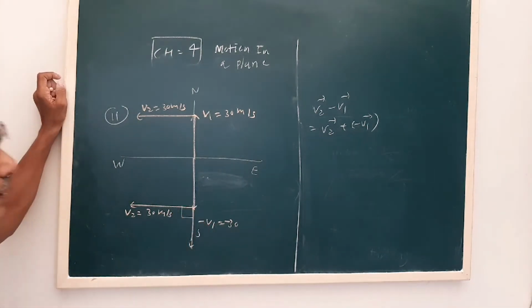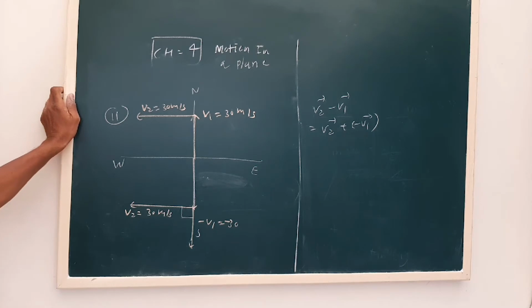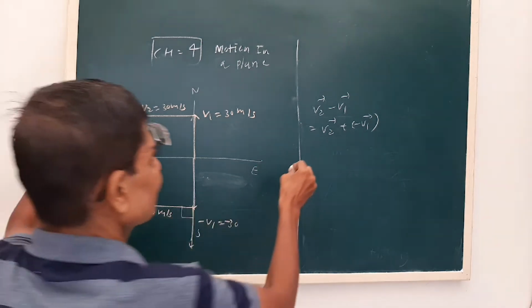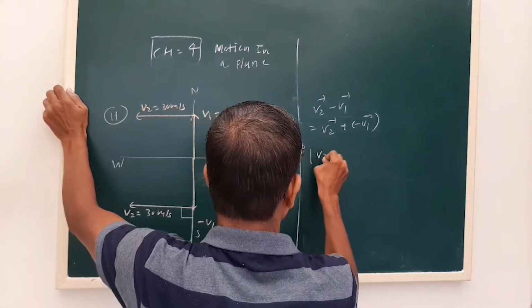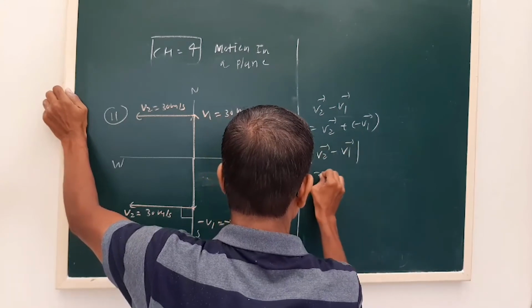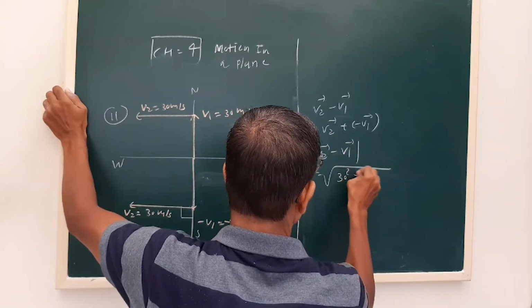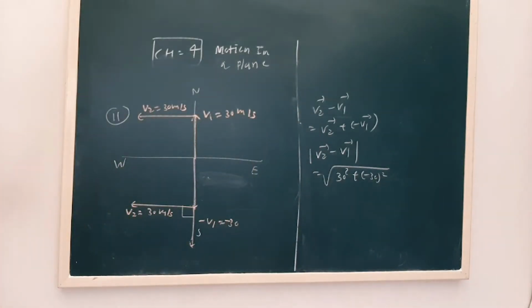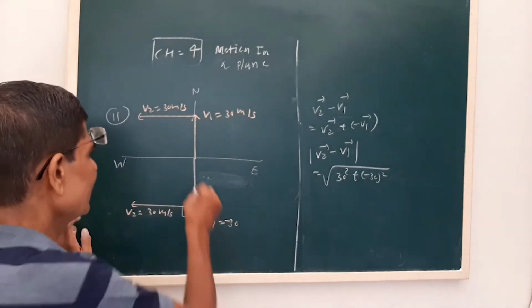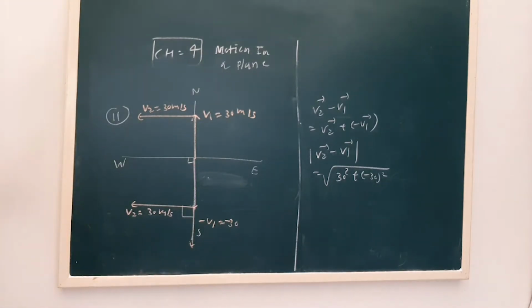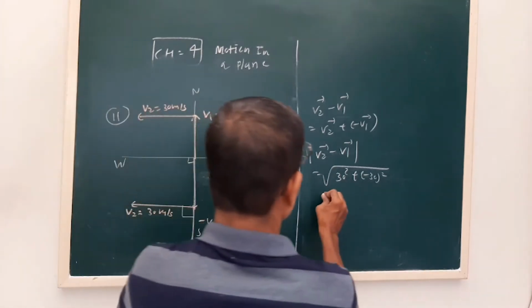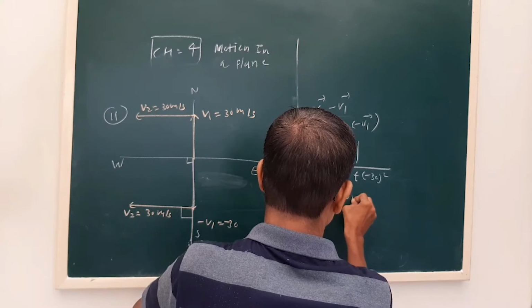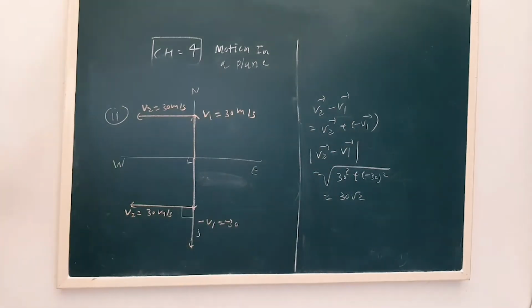What will be the angle between them? 90 degrees. So for the magnitude of the resultant velocity, you can use the formula square root of a square plus b square plus 2ab cos theta, but they are at right angle, so cos 90 is 0. So it will be 30 root 2. Now what about the direction?